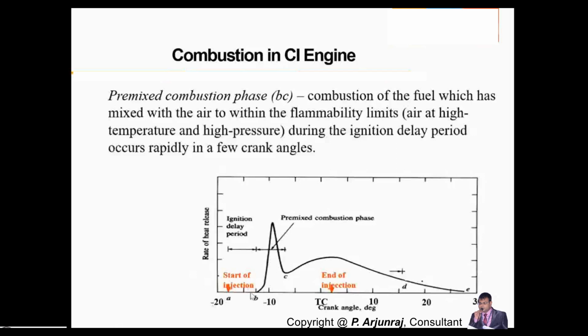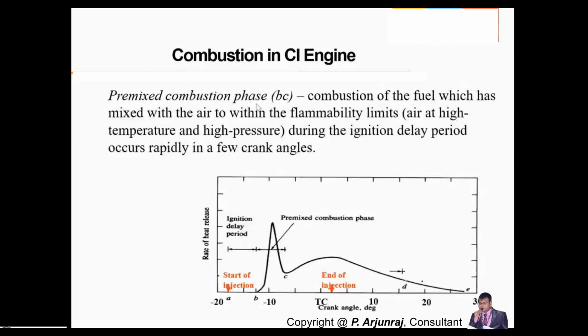And again, when you inject the fuel, it needs some delay. That ignition delay can be a physical delay or a chemical delay. We have two types of delay. I will explain that after the stages. After I explain the stages, I will explain what the physical delay and the chemical delay are, and how these two delays increase this time, this distance.